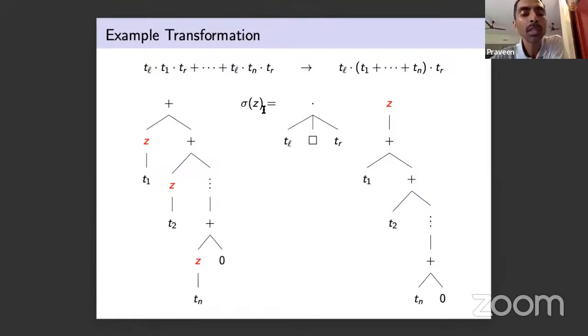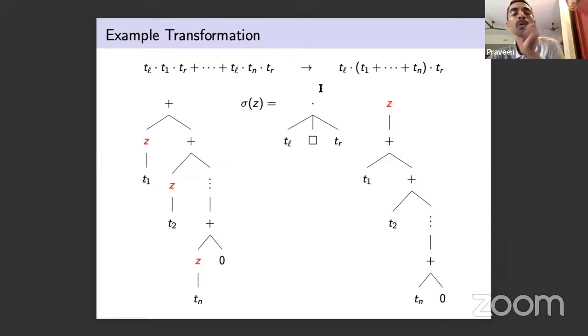Suppose we did not have any guard language and we said Z can be substituted by any tree whatsoever. Then, for example, somebody might come and say, I want to substitute it with a term which has division at its root. But then division, maybe not division, maybe some XOR, for example, which doesn't distribute over the usual addition. Then this transformation is something that you don't want to happen.